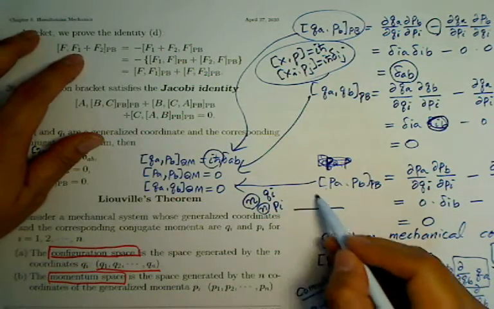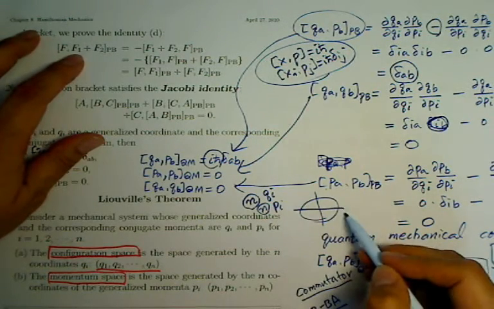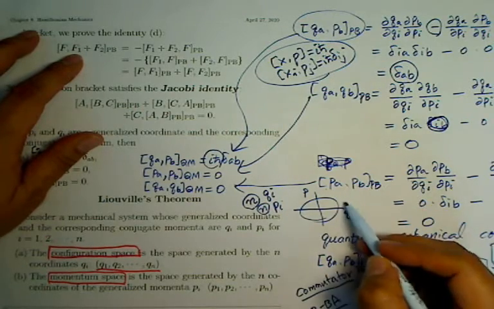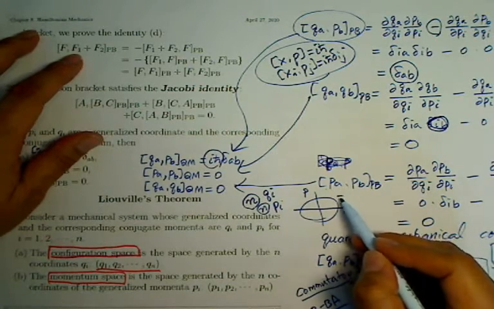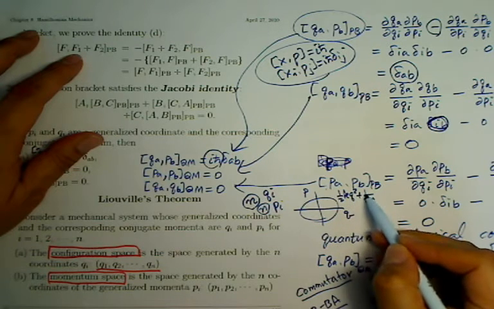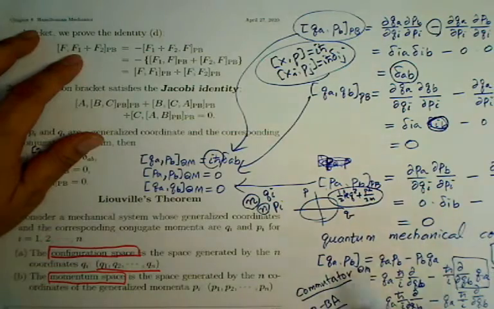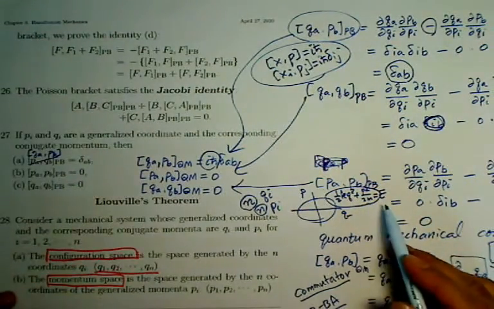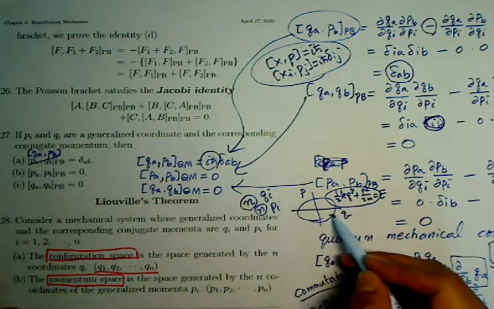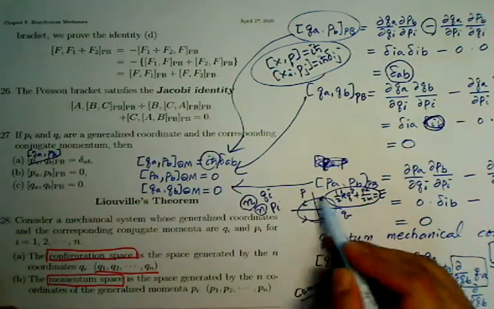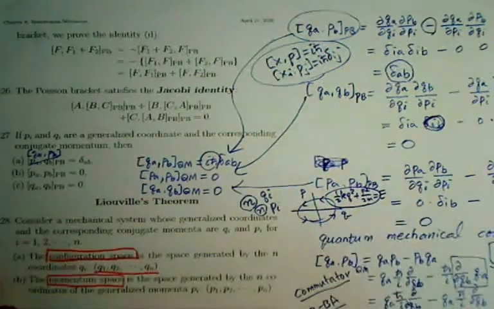If I have p and q for a harmonic oscillator, the energy is 1/2 k q squared plus p squared over 2m, something like that. This energy is the Hamiltonian. This Hamiltonian is fixed. Then on phase space, this particle runs along a path.